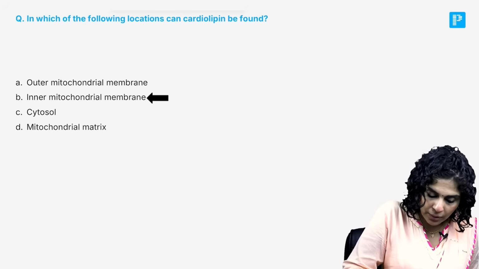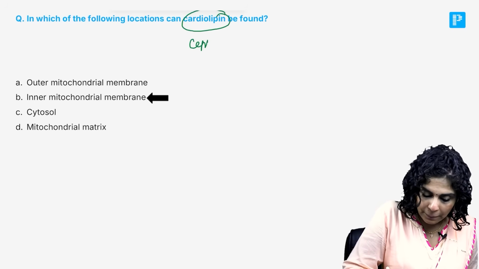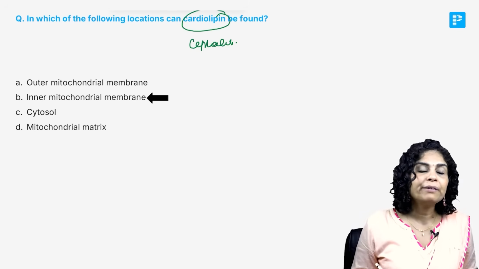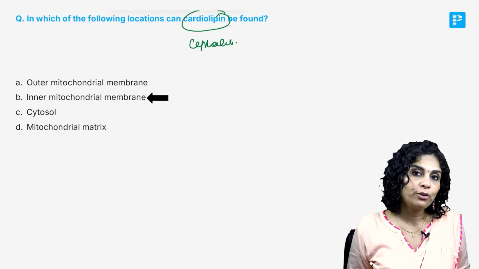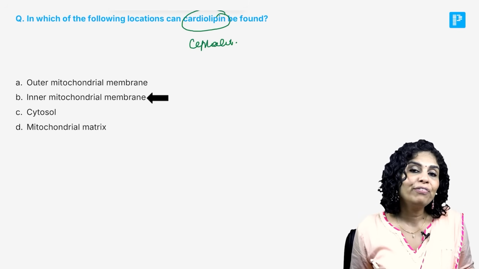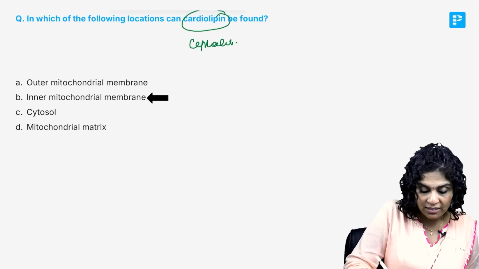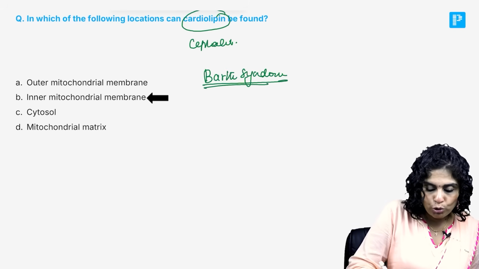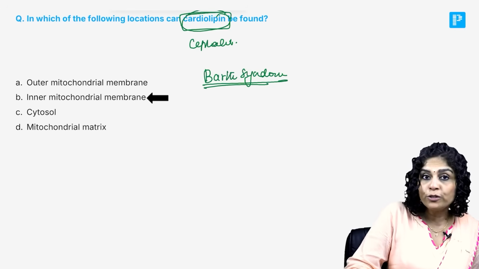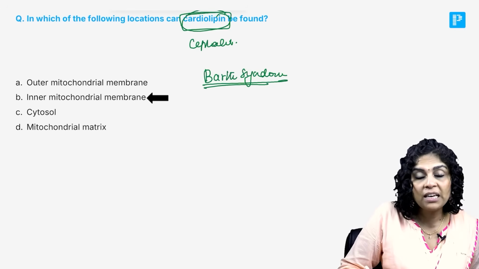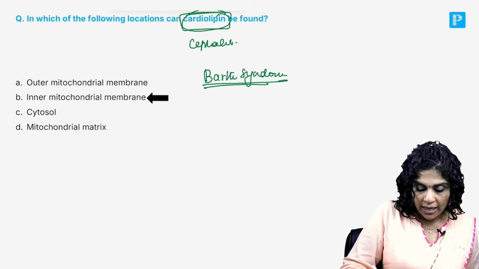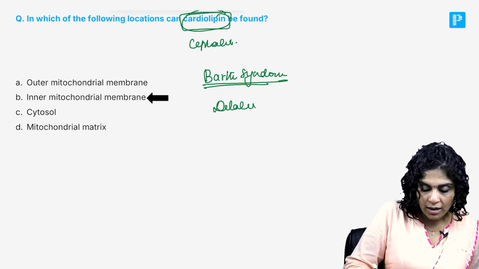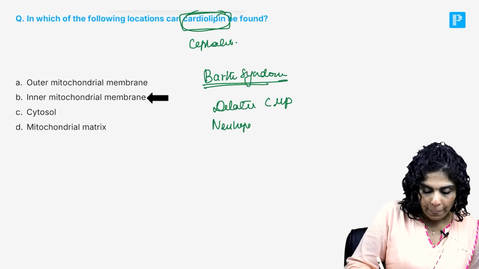So both cardiolipin and cephalin are properties of inner mitochondrial membrane, and a defect of cardiolipin synthesis causes Barth syndrome. Right? True to its name, when cardiolipin is not synthesized, it presents with cardiomyopathy. It presents with dilated cardiomyopathy and neutropenia.